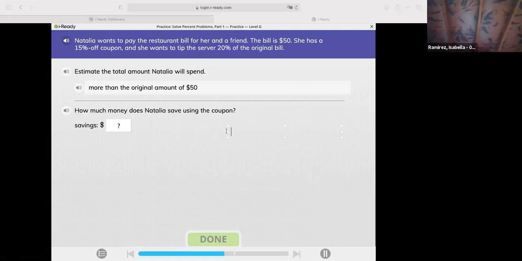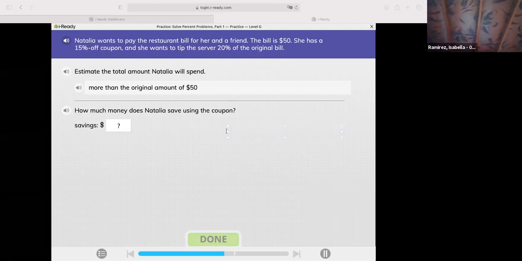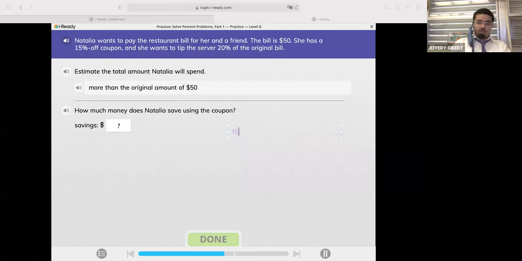You have to multiply 50 by 15%, which is 0.15. So you do 50 times 0.15. And what's 0.15 times 50?